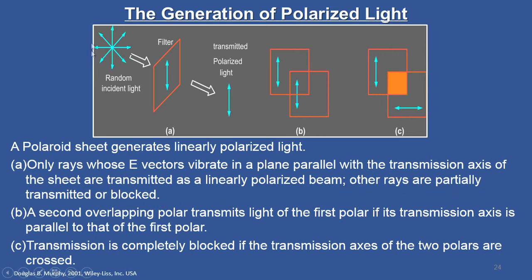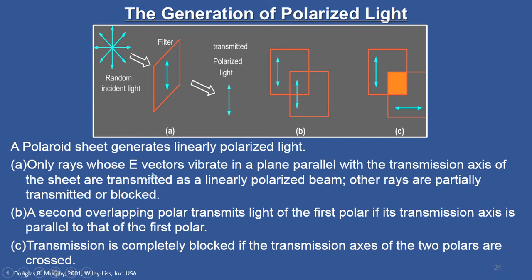So, you have the random incident light, which is passing through this filter, and it allows only the waves whose electric vectors vibrate in the plane parallel to the transmission axis. Other rays are blocked. So, you can see that only this direction of vibration is allowed, others are blocked.